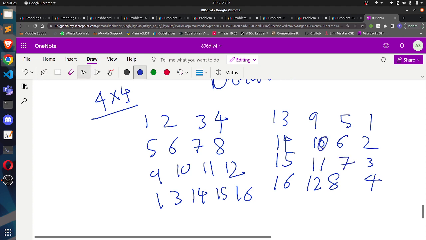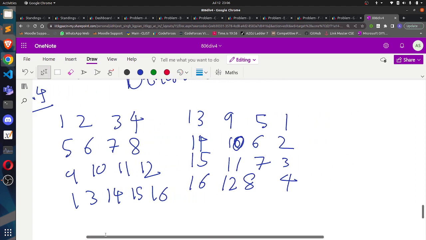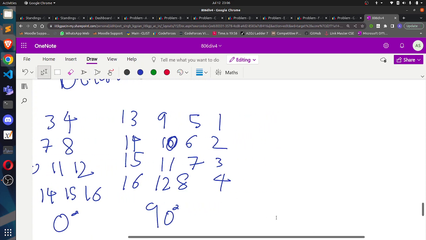So this is the new matrix after rotation by 90 degree. After 0 degree and 90 degree, I will show you the matrix after 270 degree.